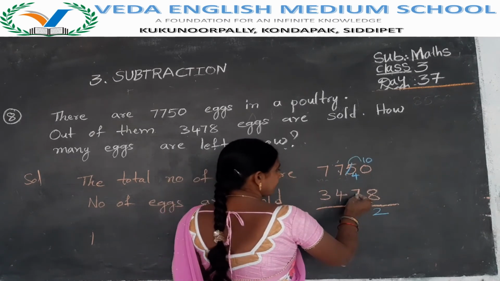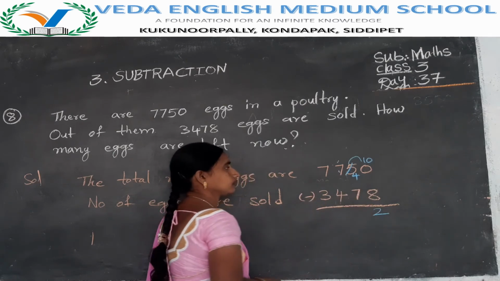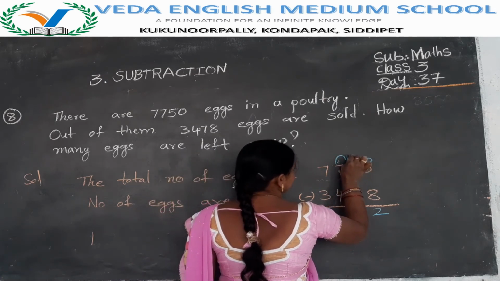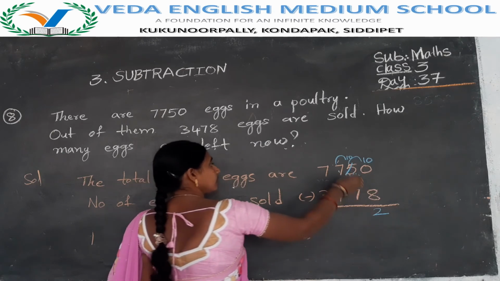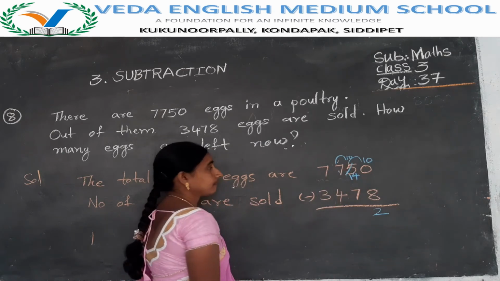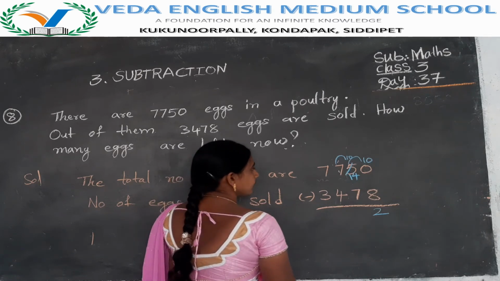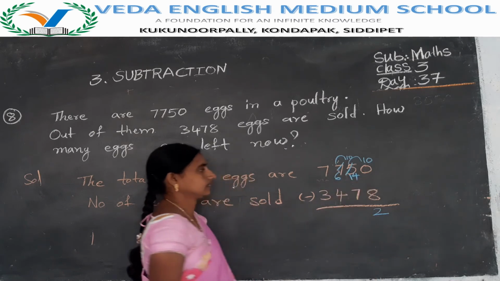Here 4 minus 7. Is it possible? Not possible. So take a value from the hundreds place, 10 plus 4, 14. First of all, here 7 hundreds. 1 hundred has gone to the tens place. How many hundreds remain? 7, so 6. Sorry, 7 becomes 6.